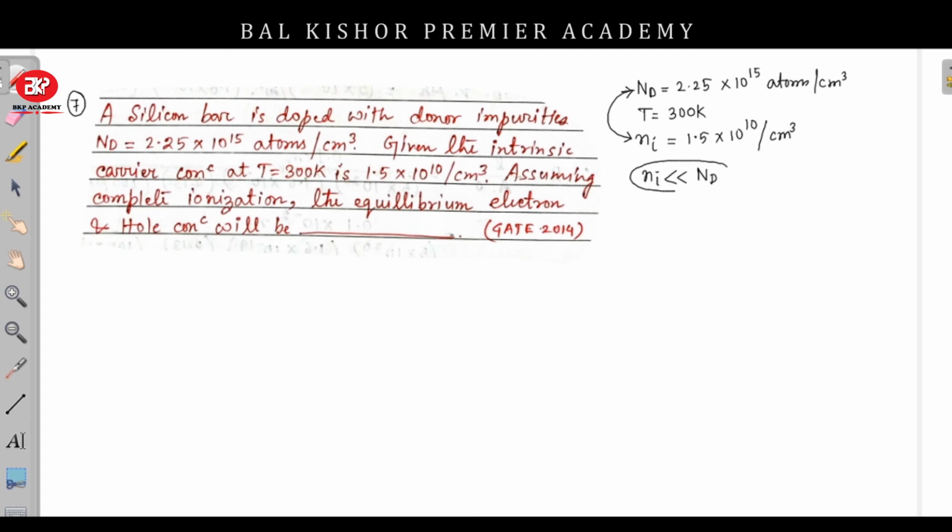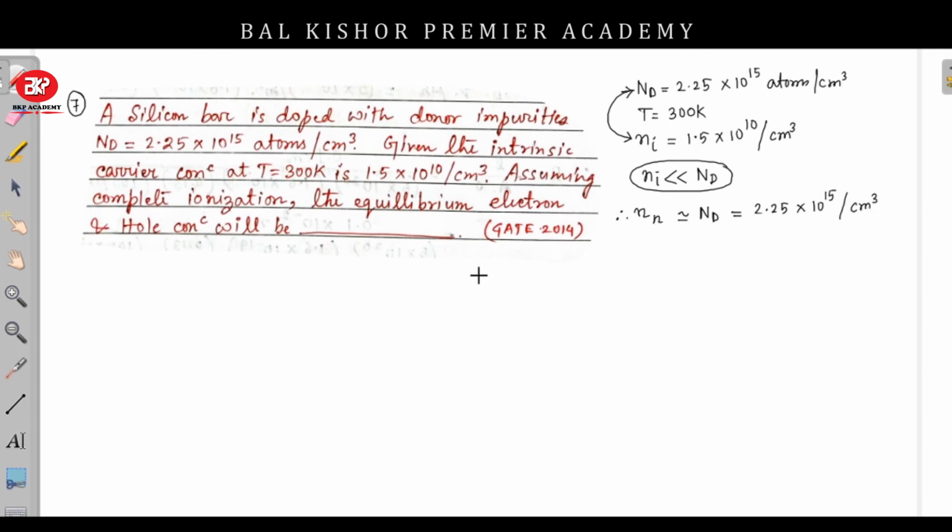Since it is an n-type semiconductor, the electron concentration inside the semiconductor, that is Nn, can be written as the Nd value, which is given by 2.25 into 10 to the power 15 per centimeter cube.